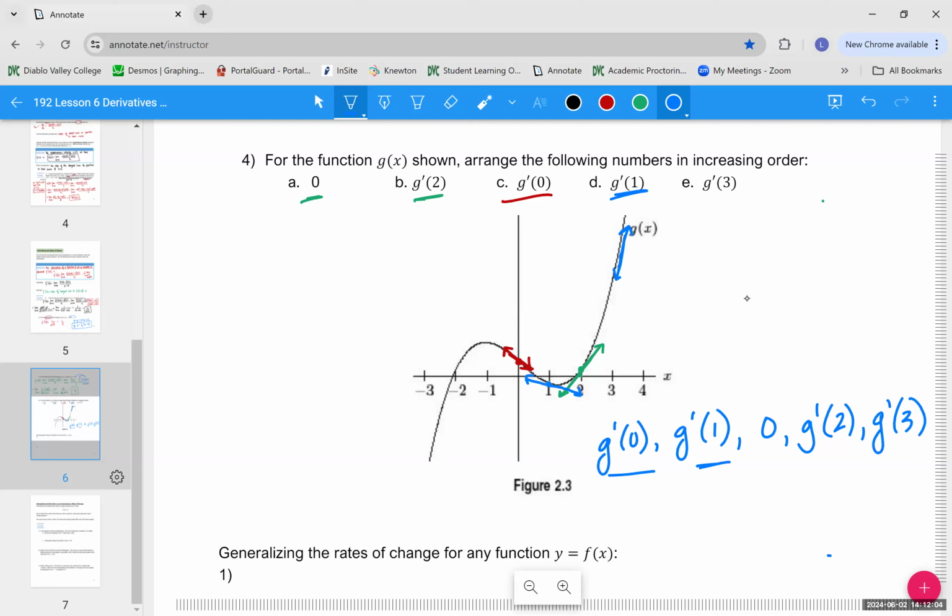This would be smallest to largest, just based on kind of eyeballing which tangent lines are uphill and downhill. That's easy to eyeball. And which ones are steeper than the others, okay? Because the derivative is equal to the slope of the tangent line at the point.